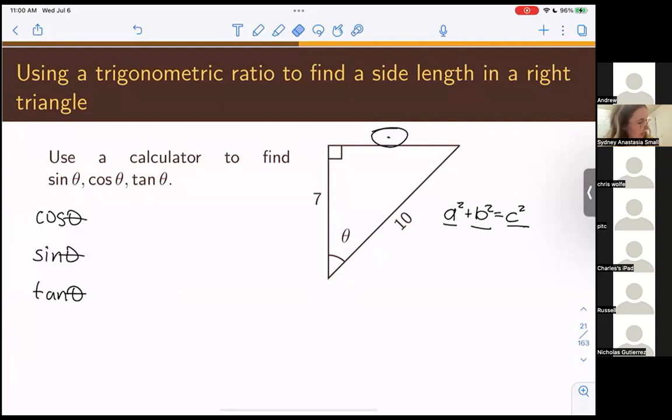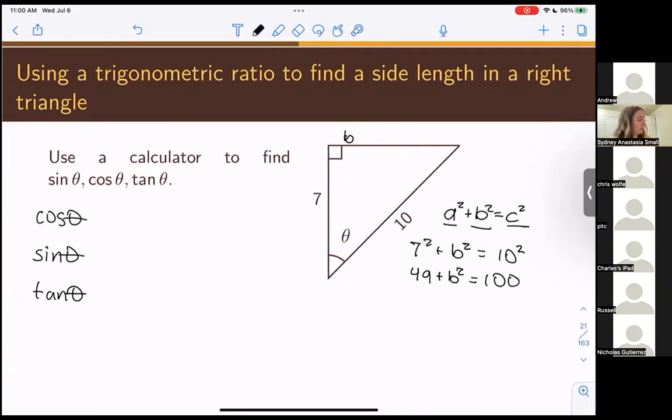So 7 squared, that's the side we know here, plus b squared, we'll call this b for now because we don't know what it is, equals 10 squared. Squaring these numbers, we get that 49 plus b squared equals 100. Subtracting a 49 from both sides, we get that b squared is equal to 51.